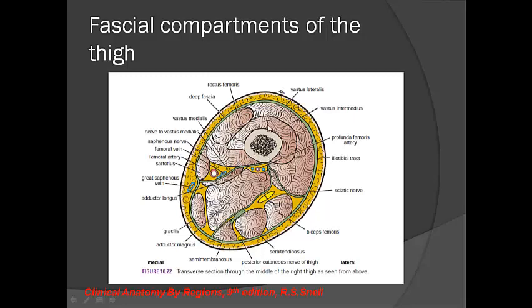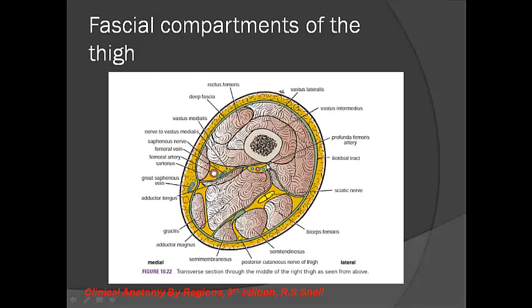Now, what you're going to notice is that similar to most regions of the body, you've got the outermost layer, which is the skin, and then underneath that, you've got the layer of subcutaneous tissue that in the thigh is characterized by having a very thick layer of fat. All right. And then underneath that, you're going to have this green outline here, which is the deep fascia. Okay, and then that just basically surrounds the entire circumference of the thigh, just basically keeping everything in place.